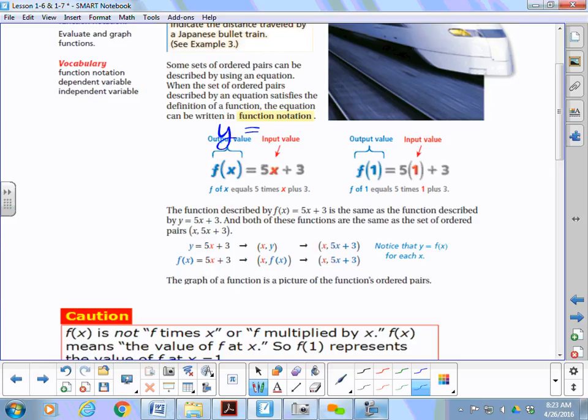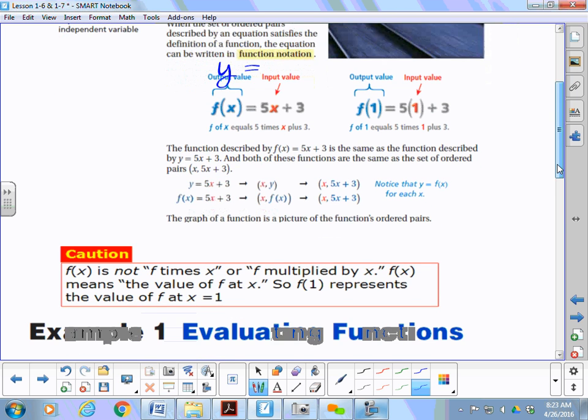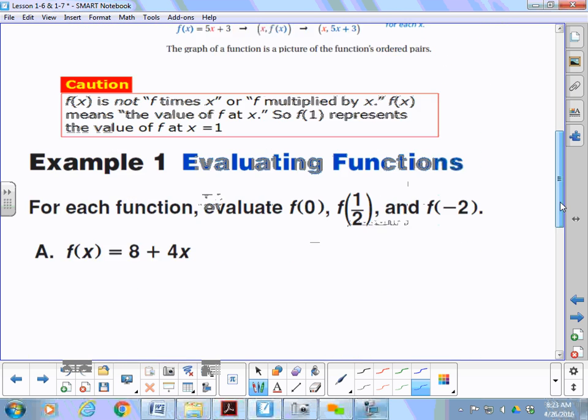It just means the variable we're using is x or y or a or b. If it says f of a, then a is the variable we're working with. And all that means is this is a function. That means that for every value of x, there's only one value for y. It's just the specific notation, and we're going to use that and do some evaluating.